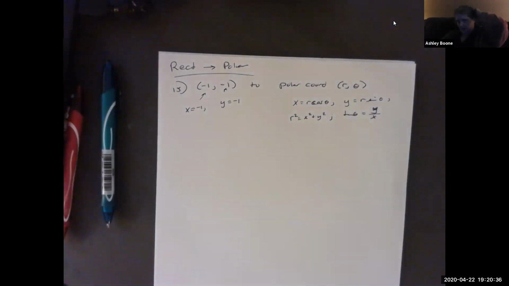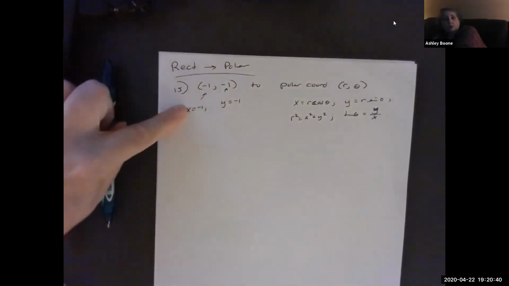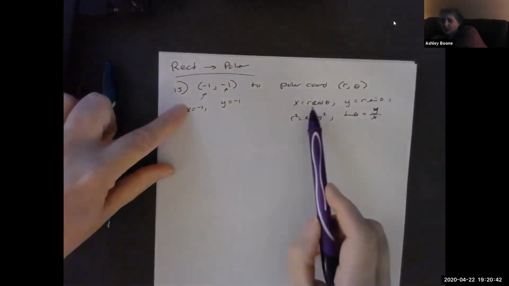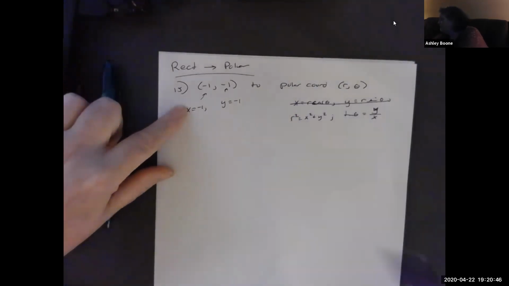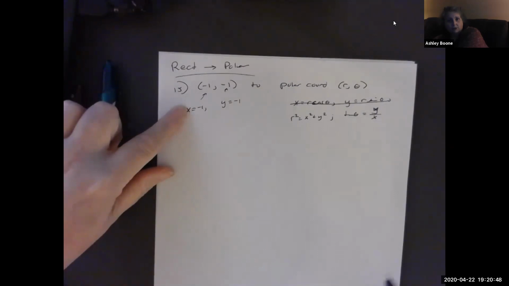Well, the thing is, we know x, but we don't know r and theta. Since we don't know r and theta, neither of those are really going to help us out much, okay?